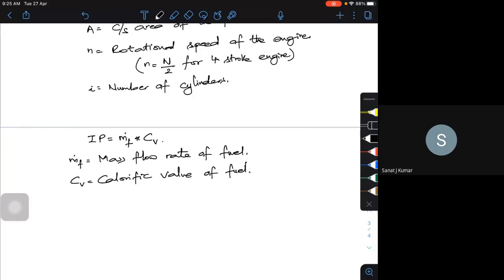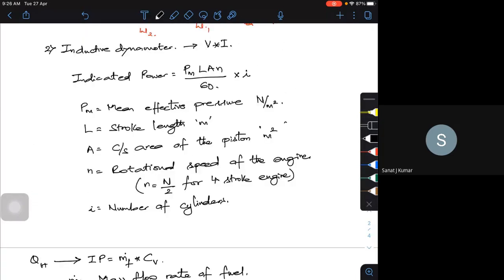So IP can be found from the mean effective pressure, PLAN by 60, or, if I know the mass flow rate of the fuel supplied and its calorific value, I can still find it. This is the energy supplied, the heat supplied, which is also equal to the indicated power. Sometimes if you don't have any other option, we use that also.